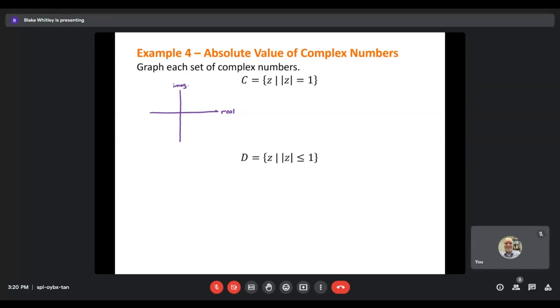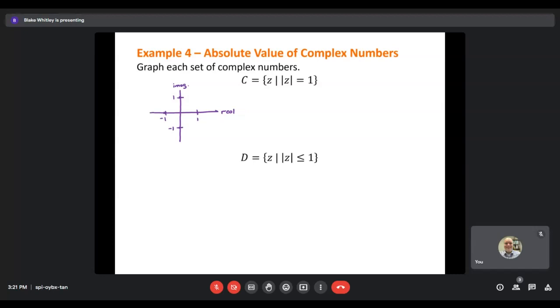If the modulus is 1, that means that we want all the points whose distance is 1 away from the origin. So basically, we're going to go out 1 unit in all directions here, right? So this would be negative 1 over here, negative 1 down here. Okay, but in all of those cases, we're exactly 1 unit away from the origin.